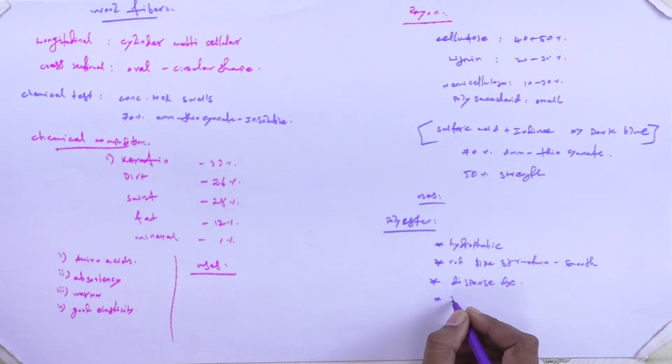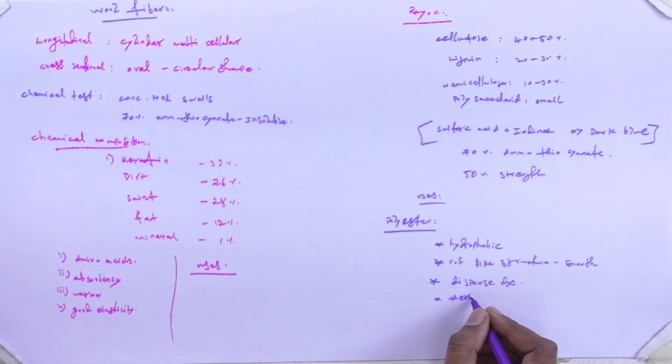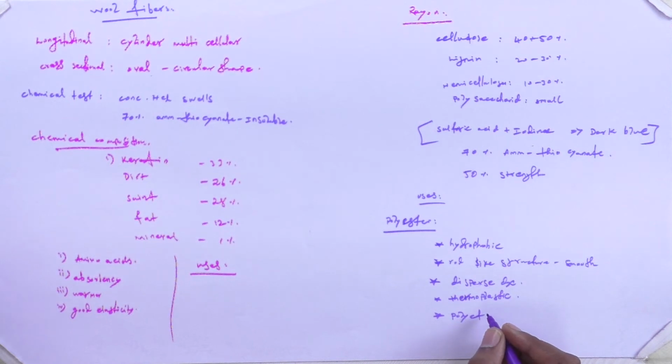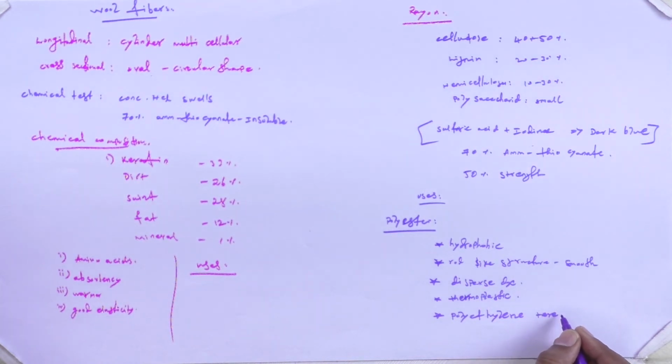It is a thermoplastic, having the characteristics of a thermoplastic. Polyester is commonly referred to as polyethylene terephthalate.